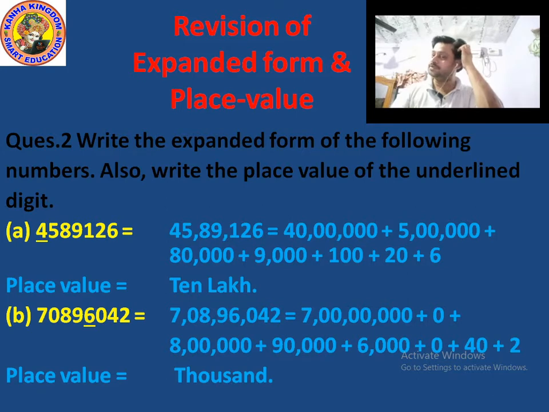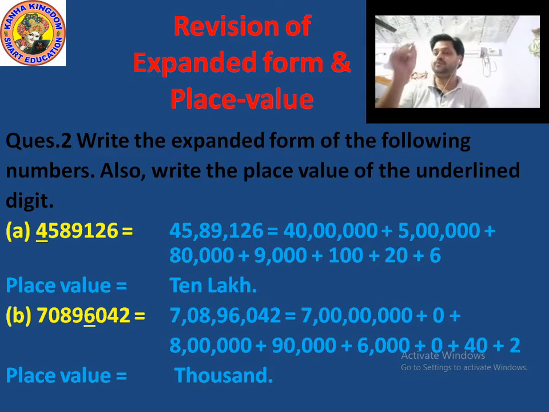Okay, so 7 digits means first start from the right hand side. And how many place values on the right hand side? 3. So first you count 1 2 3 comma. Then how many place values come? 2 place values.